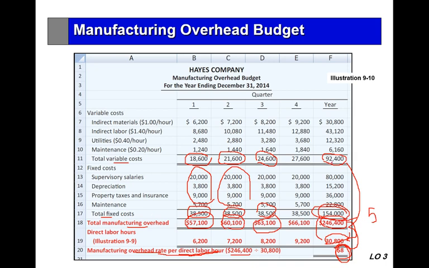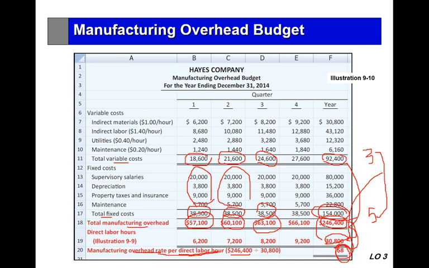And if you divide $92,400 by 30,800 hours, you reach $3 per hour for the variable manufacturing overhead. $3 plus $5, we have $8 for the manufacturing overhead in total.